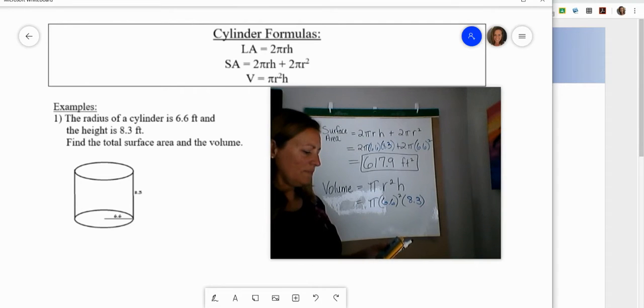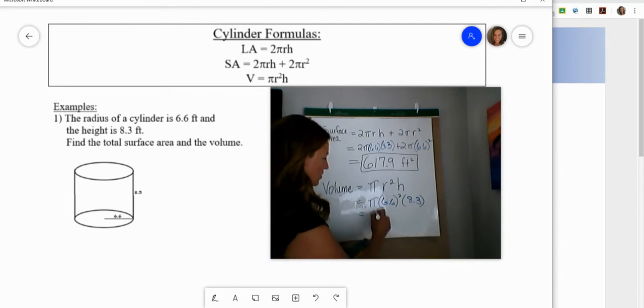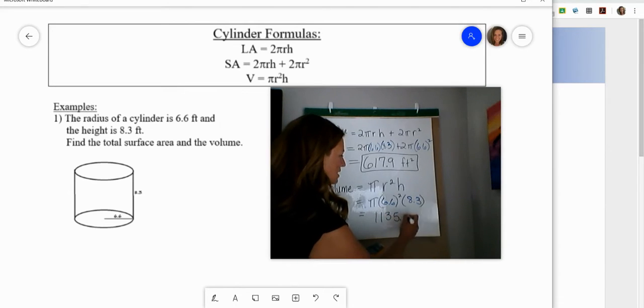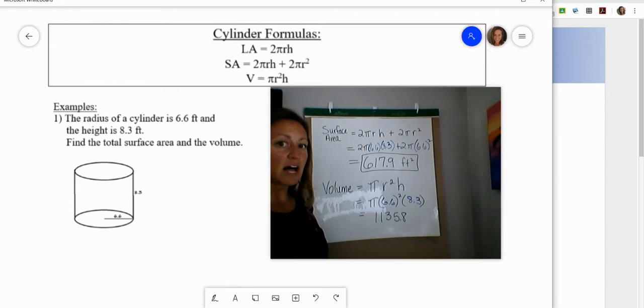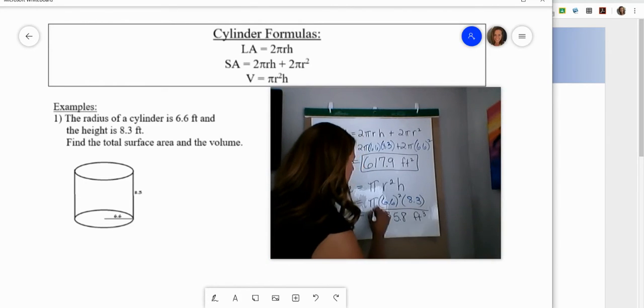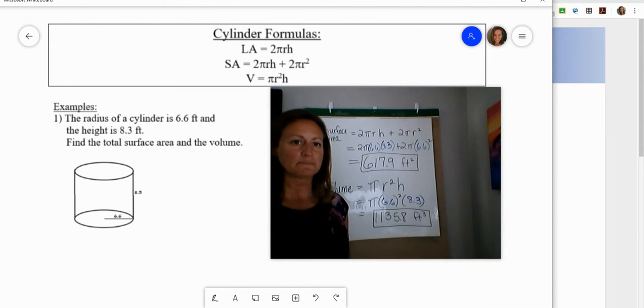Actually, I might just do 6.6 squared first times 8.3 times pi, just to make sure that only the 6.6 gets squared, not the pi. And the answer that I get is approximately 1,135.8. Since this is volume, this will be feet cubed or cubic feet. It's a measure of space.